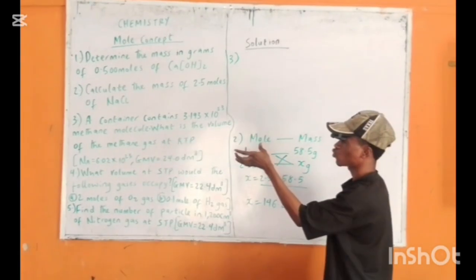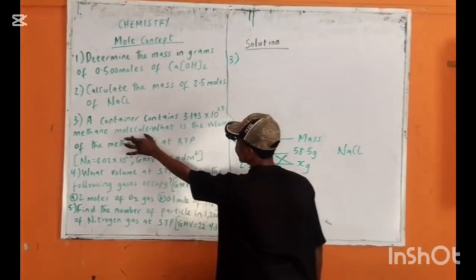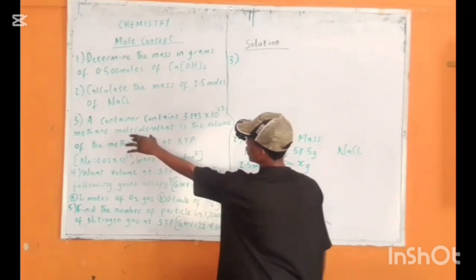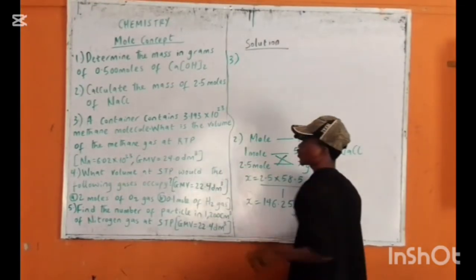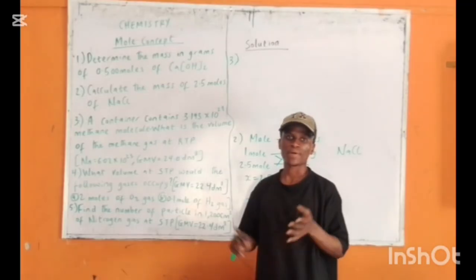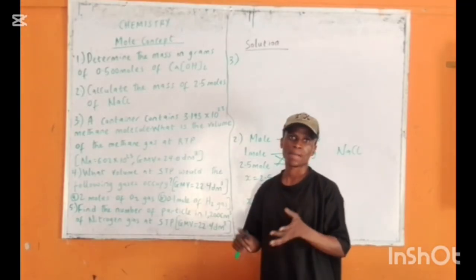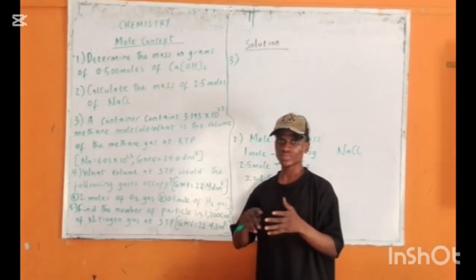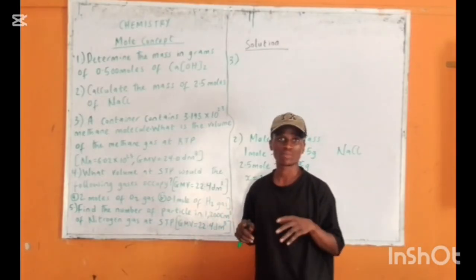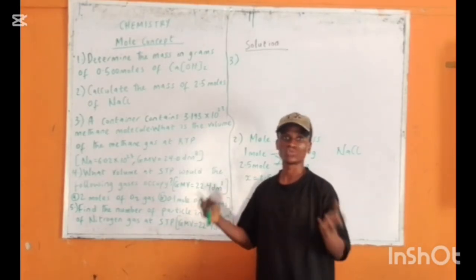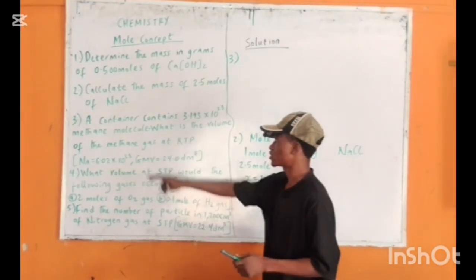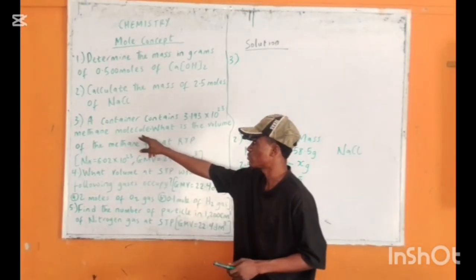So what happened here? We're having molecule and volume. In other words, we're having particle and volume, because particle can be molecules, atoms, electrons, ions, protons, or neutrons. So the particle we are having here is molecule.